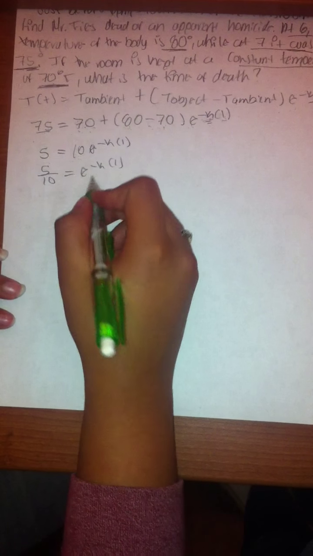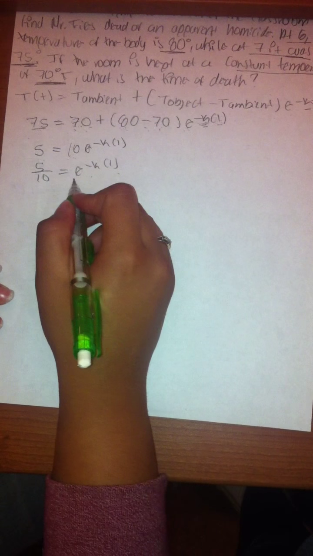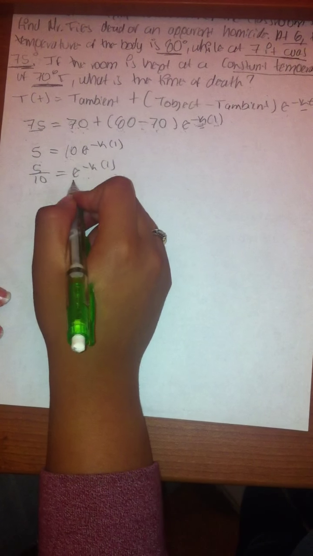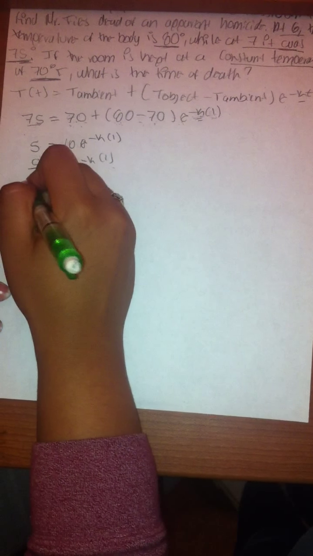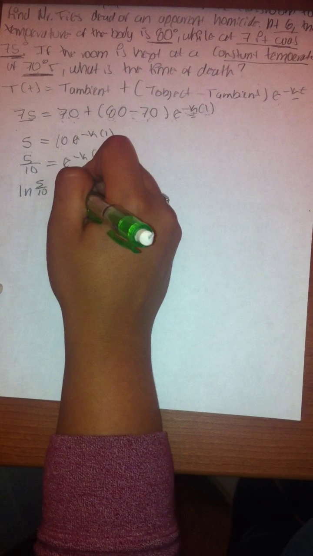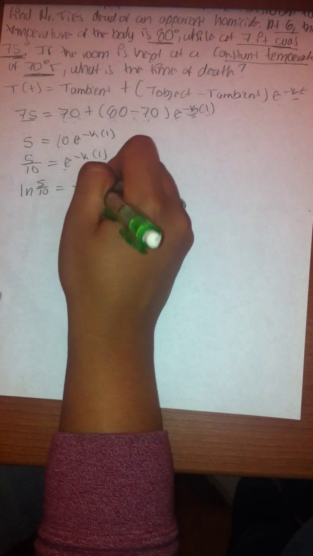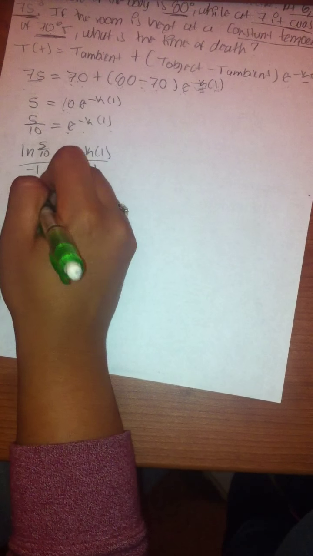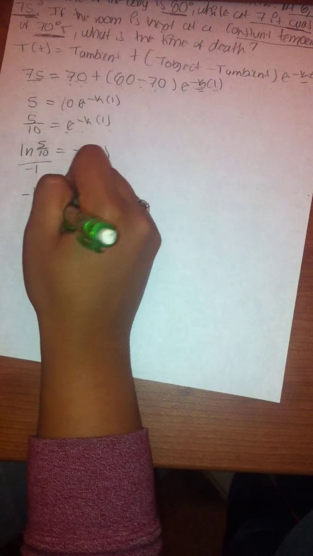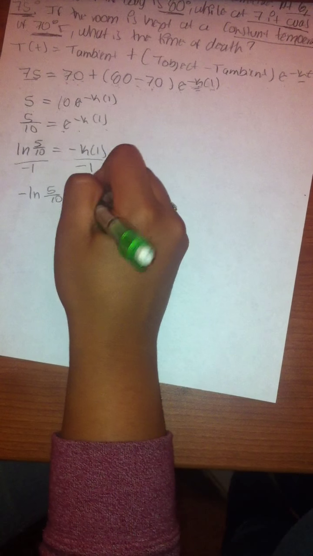So then we're trying to isolate k, remember that, so we're going to do e to the other side, so it will be ln of 5 over 10 equals negative k times 1. So then we divide by negative 1, which gives negative ln of 5 over 10 equals k.